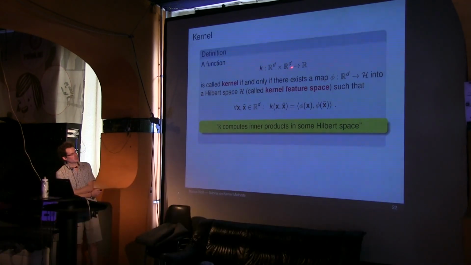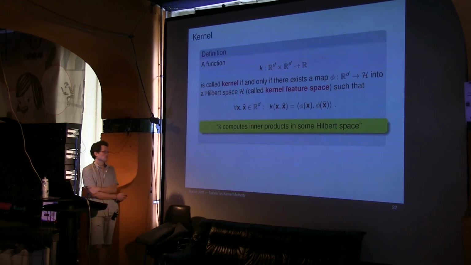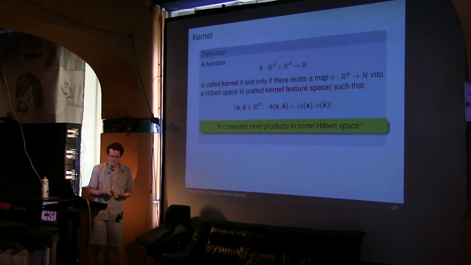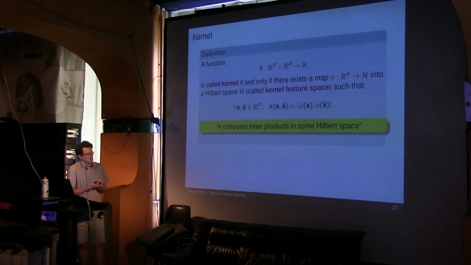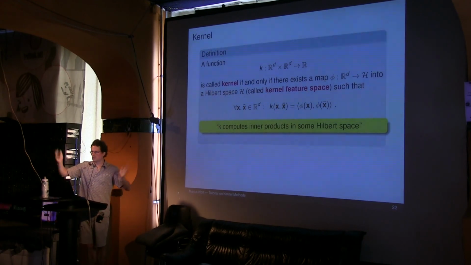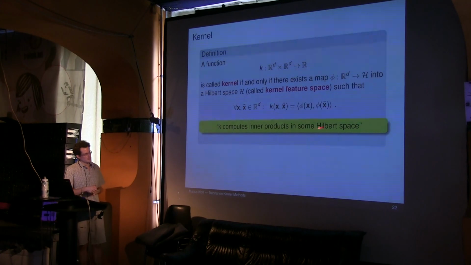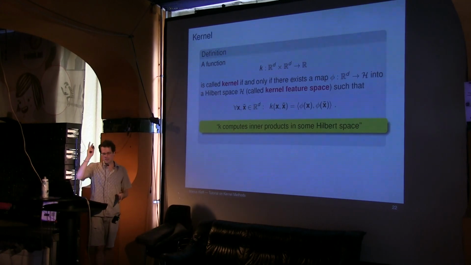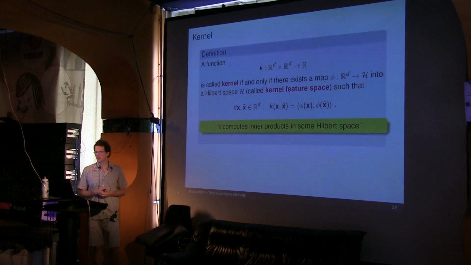You can call a symmetric function of this form a kernel if there exists a map into a high-dimensional vector space, mathematicians would say a Hilbert space, such that the kernel computes the inner product in that space. That's all. So the bottom line is kernels compute inner products in some vector spaces. A Hilbert space is nothing but a vector space with a nice inner product. Okay?